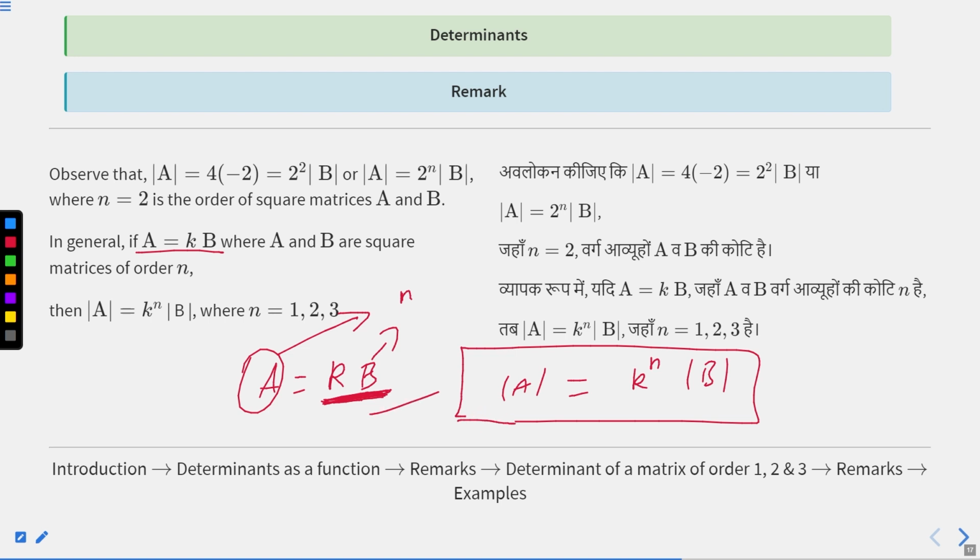Please do remember this result. Very, very important.